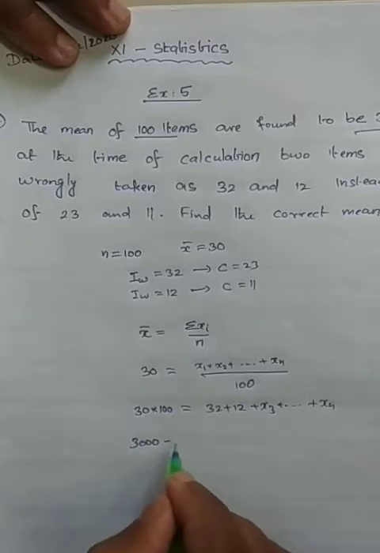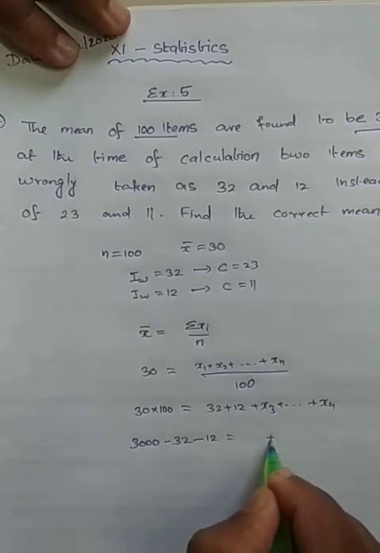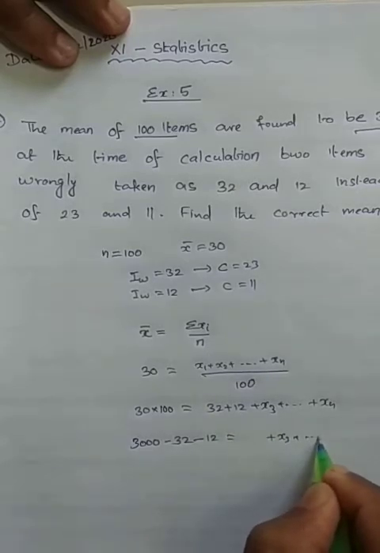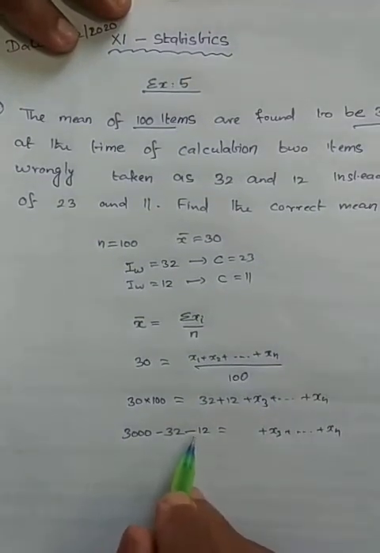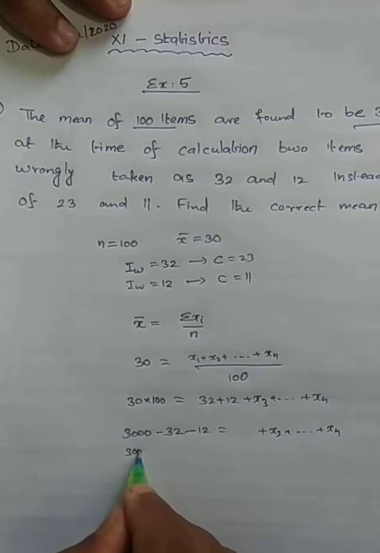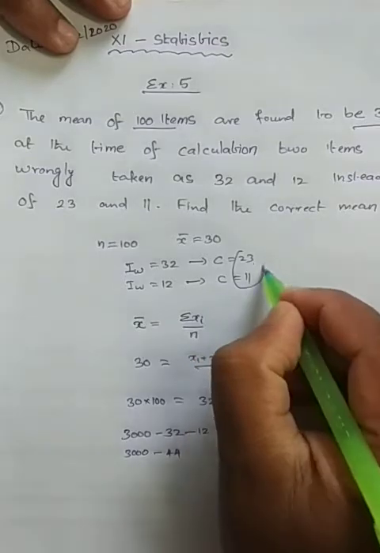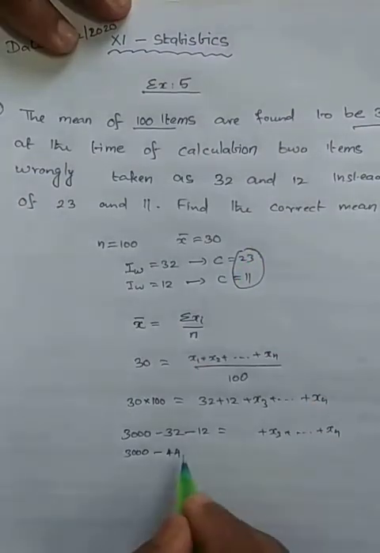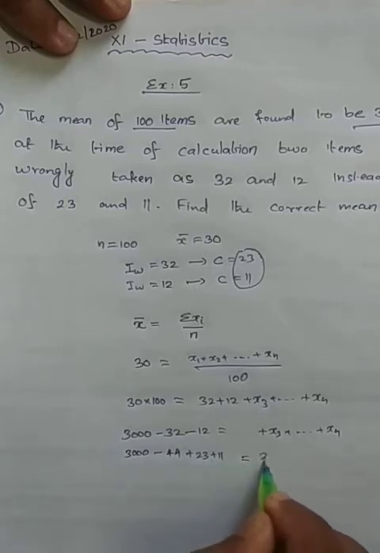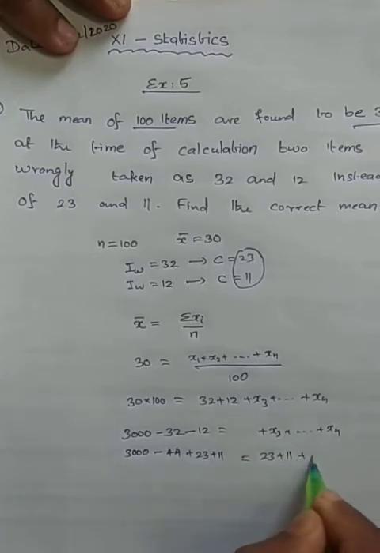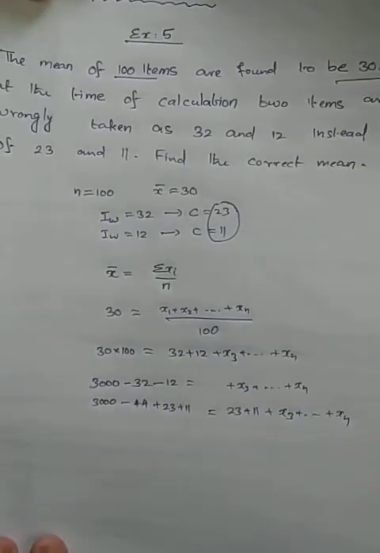This 32 is coming to this side, minus 32, and plus 12 is coming, minus 12, plus x3 and so on up to xn. But we need to add the two correct items 23 and 11, so I'm adding plus 23 plus 11 here, plus x3 and so on up to xn.